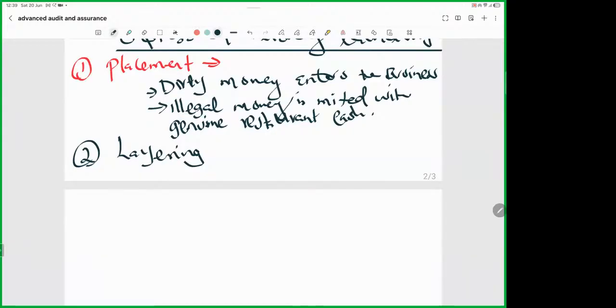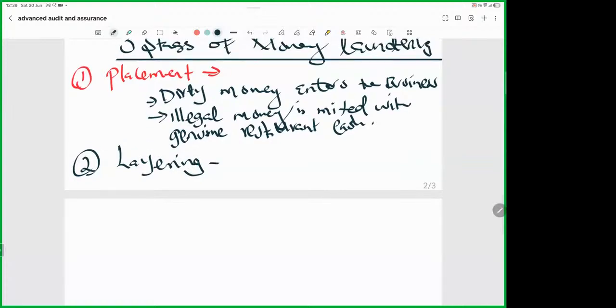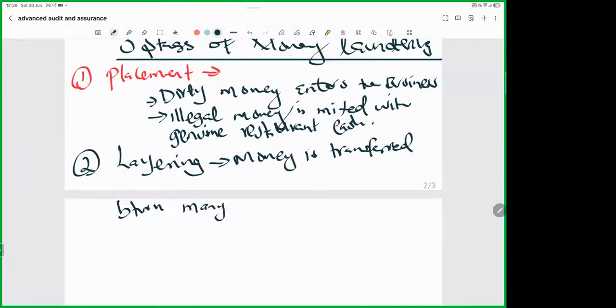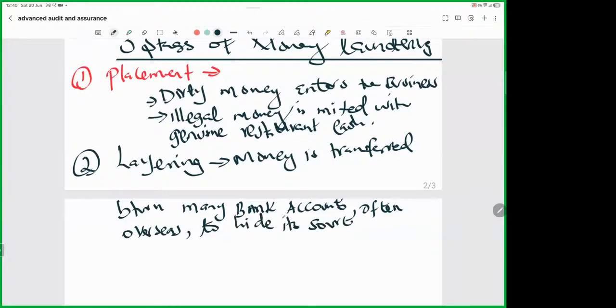So under layering, money is transferred between many bank accounts, often overseas, to hide its source.